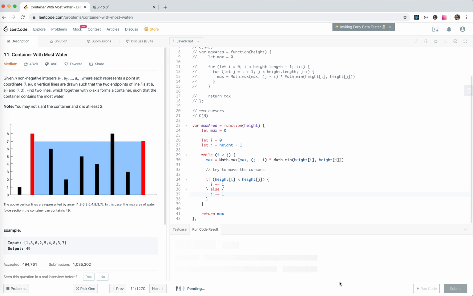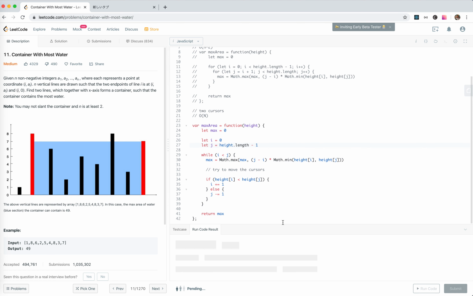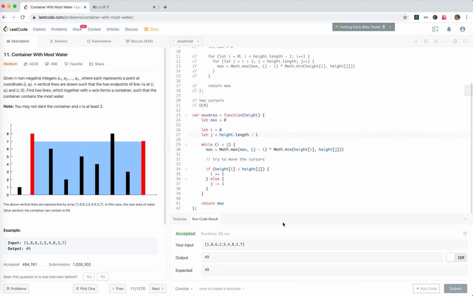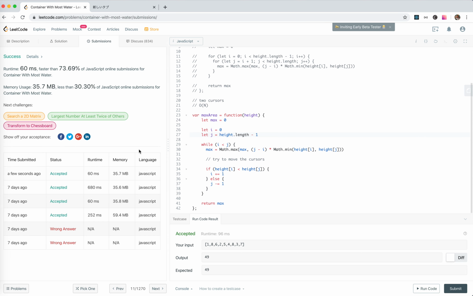Let's see the result. What? It doesn't work. Wait a minute. Math.min of height i, height j. Oh god, length. Yes, it passed. Cool.